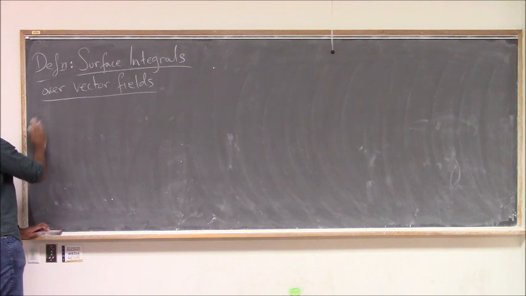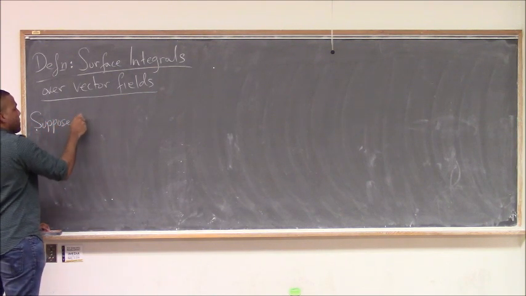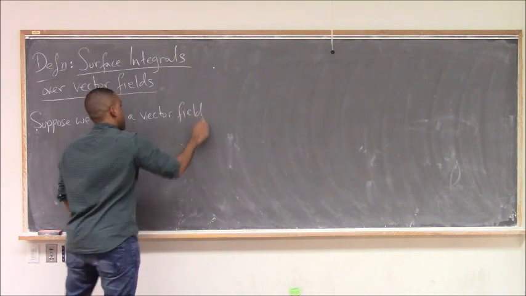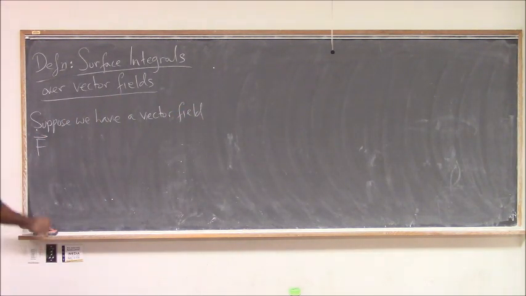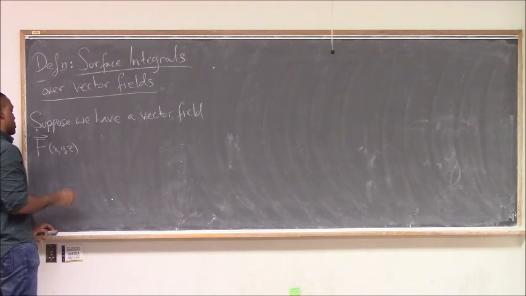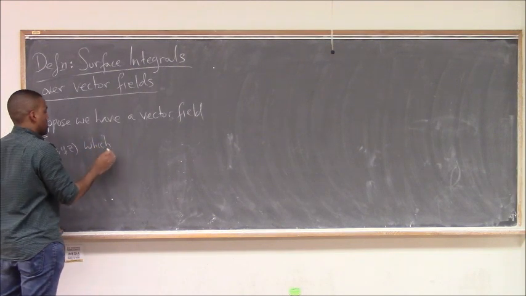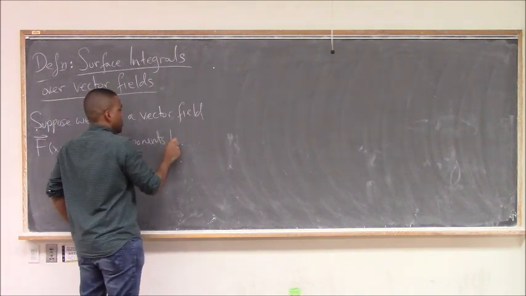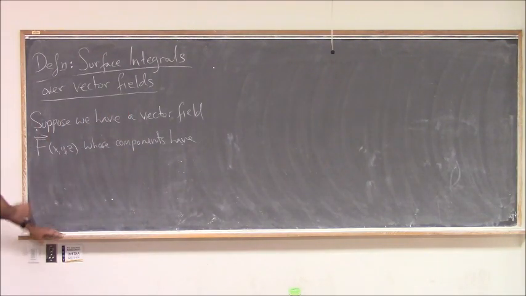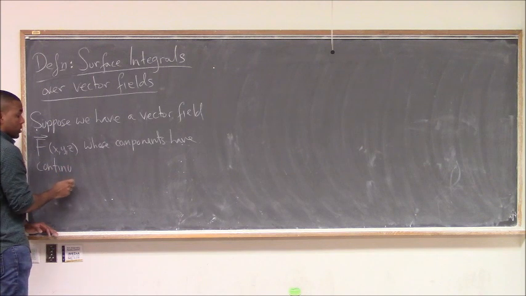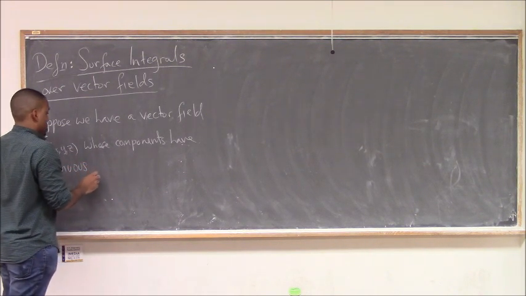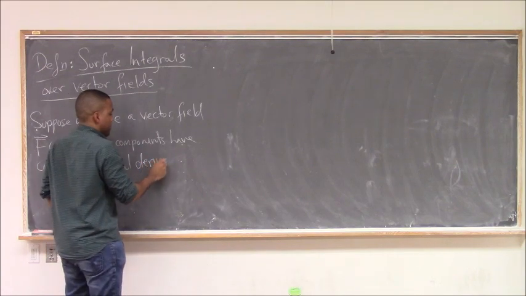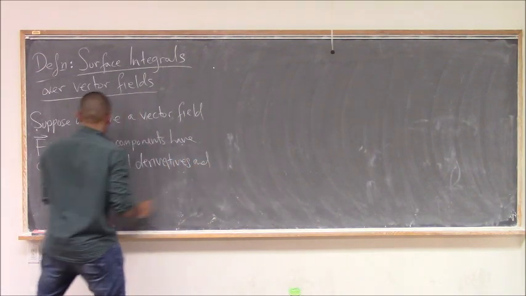So suppose we have a vector field F, and the same stuff applies: it behaves nicely, with continuous partial derivatives, and F itself is continuous.